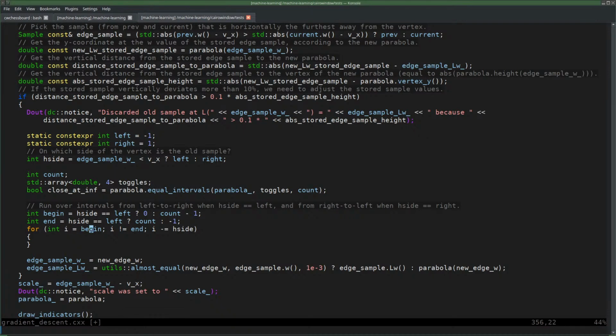So now we run from 0 up till and not including count, or from count -1 up till and not including -1.